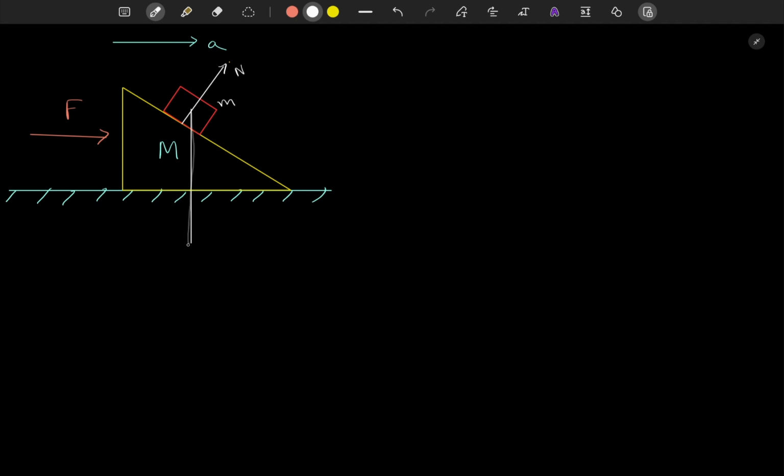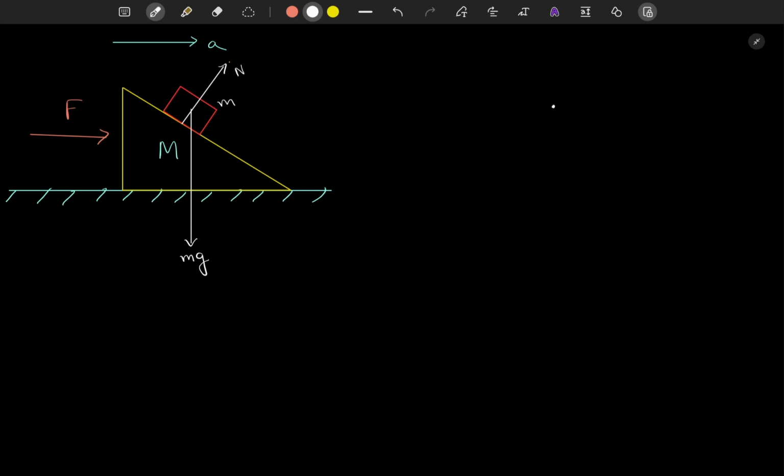It's acting downward with the magnitude mg. Are there any other forces on the red block? No. So we can just start drawing the free body diagram for this red block.